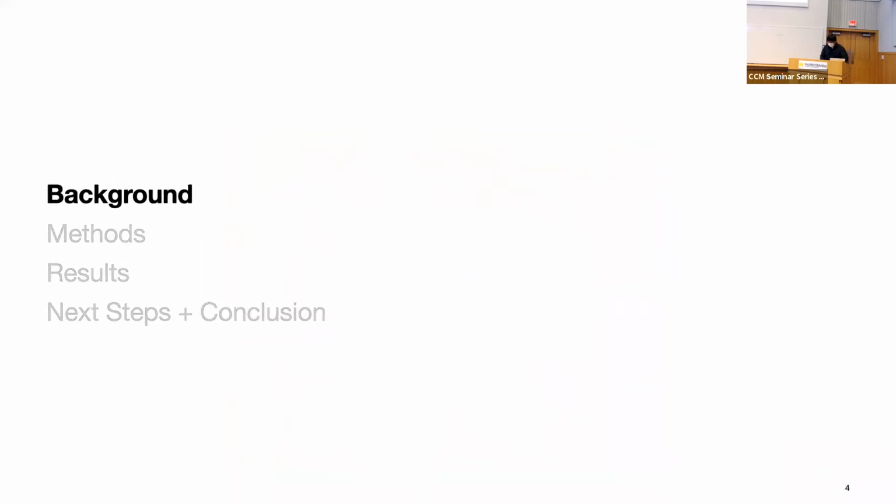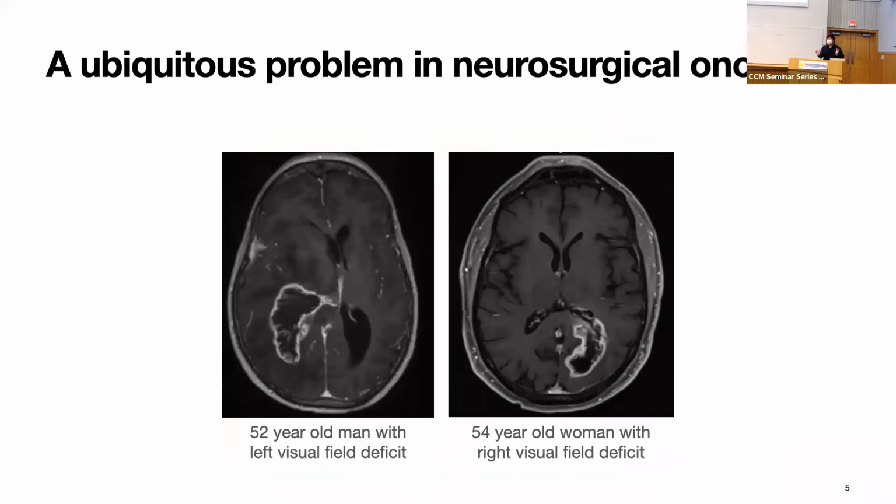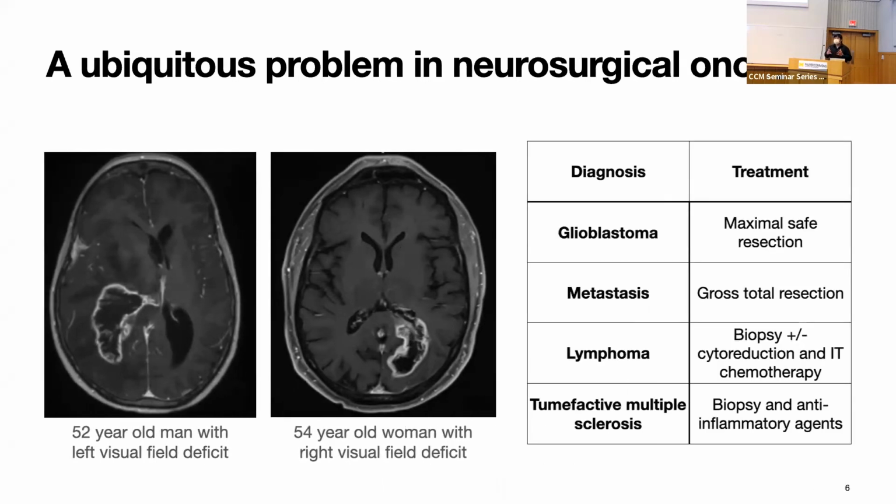So here's the problem that we're trying to tackle. We have a lot of patients with brain tumors, but we don't really know what type of tumor it is just based on the MRI image that we have. The treatment of these tumors is actually based on the diagnosis.